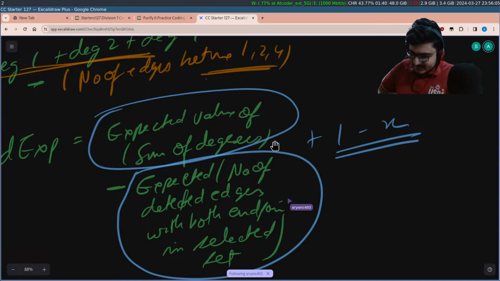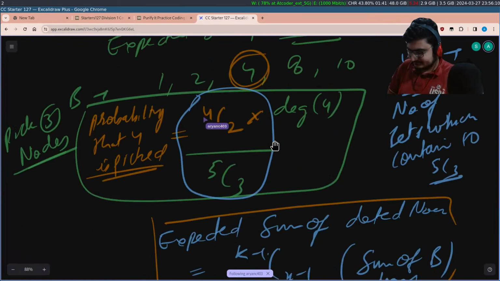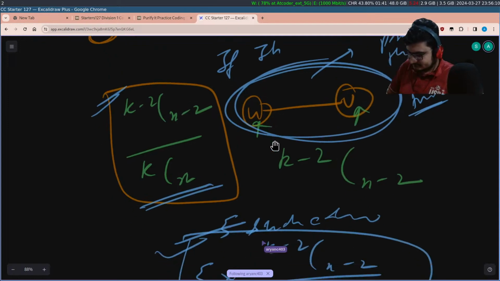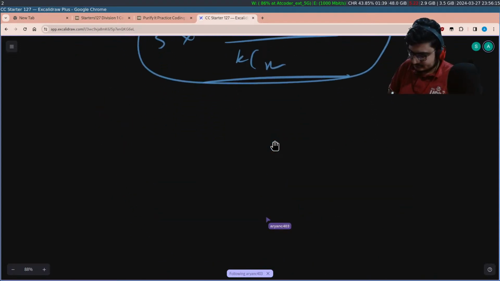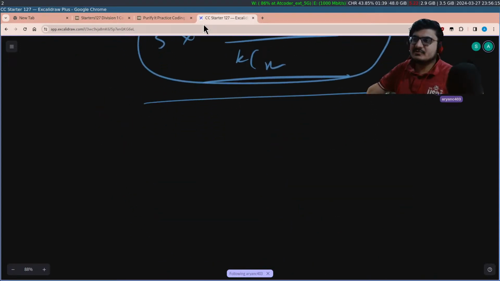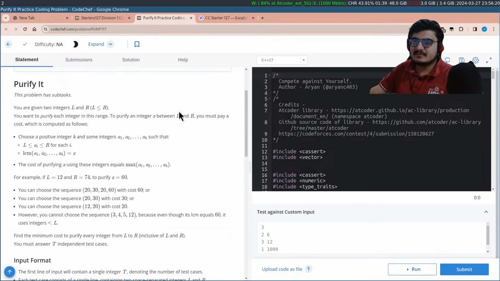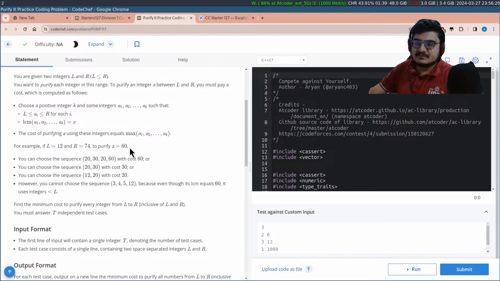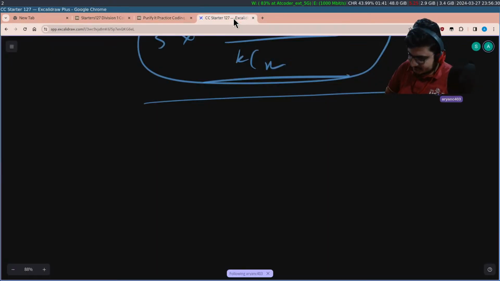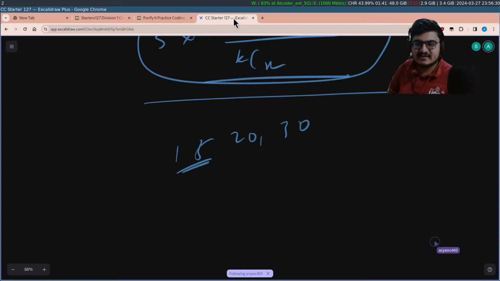The idea to purify any number is again greedy. The cost is the maximum of all the numbers we have selected so far. So, for example, if we have 10, 20, 30, then we can also pick 15. This can potentially increase the LCM and the cost is still the same.